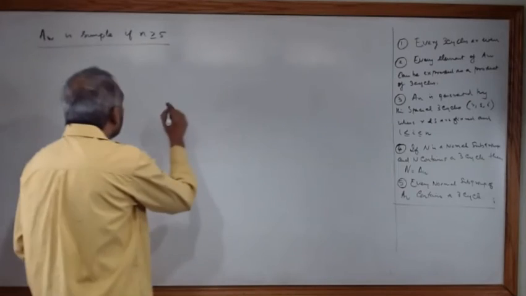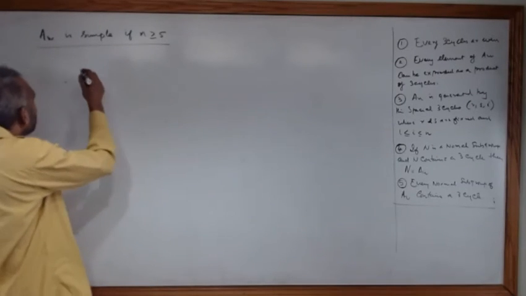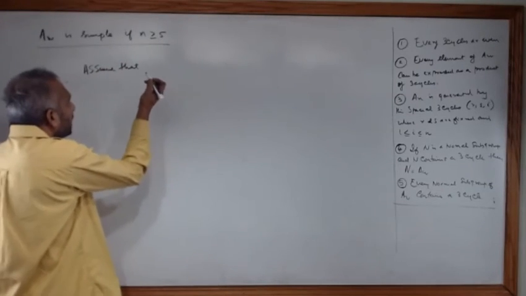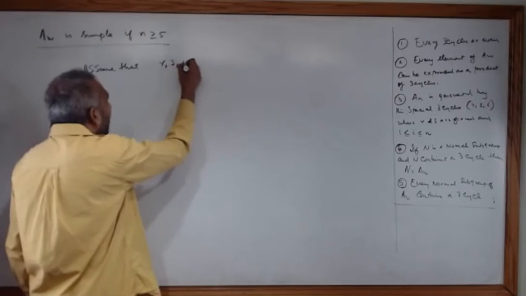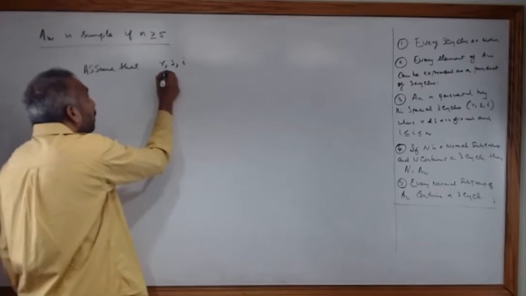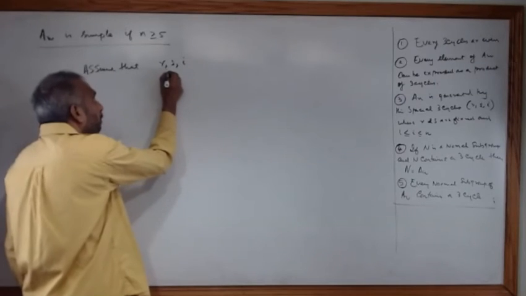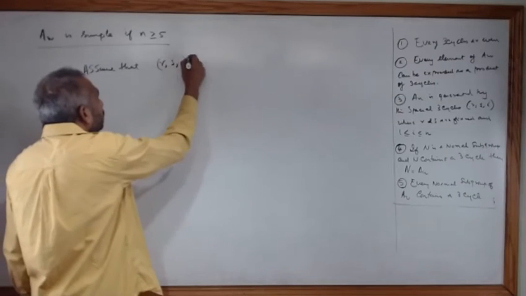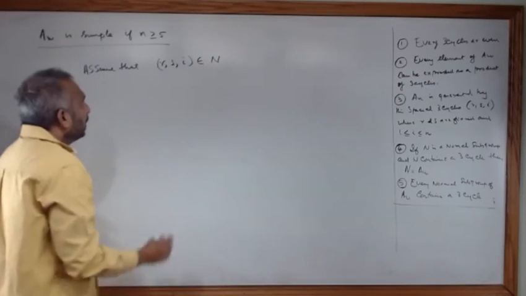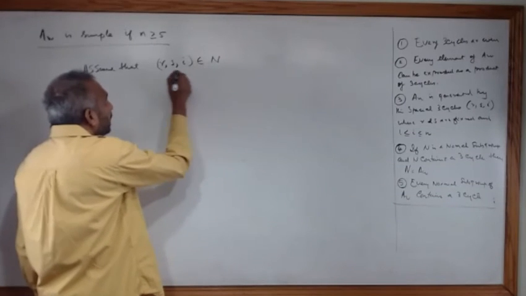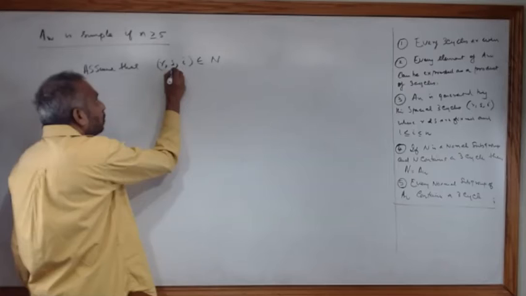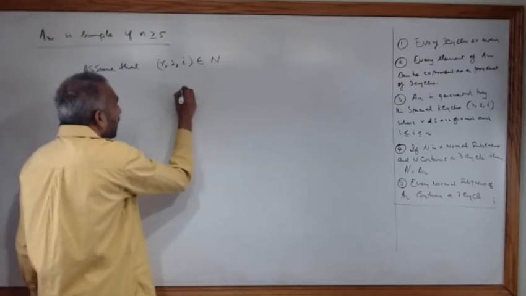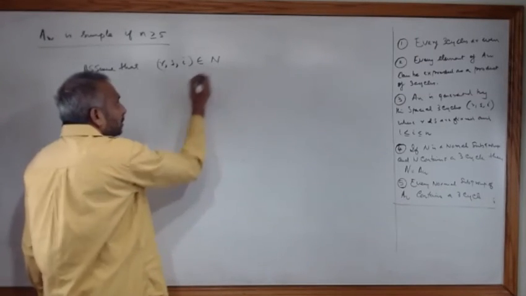So let us assume that 1 3 cycle, and we'll call it RSI. We are going to take the first 2 elements of the 3 cycle, R and S, as the fixed ones. Assume that this belongs to N. If this is in N, we'll fix these 2, and we'll see that every I, 1, 2, 3, etc. up to J, all belong to this.